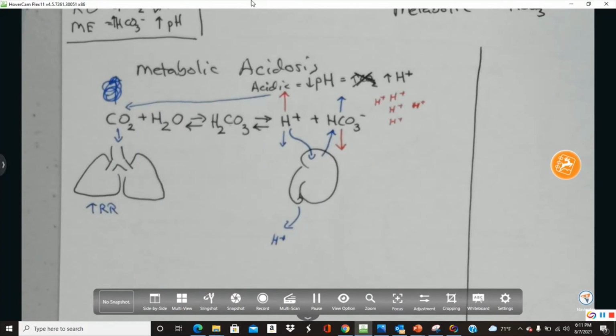Like if their loved one's in the room, or maybe they have a medical alert bracelet that says they are diabetic. And you might also want to, in metabolic acidosis, smell their breath. Their breath will oftentimes smell a little bit like fingernail polish remover because of the ketones that are going to be found in there. Remember, ketones are just a type of organic compound.